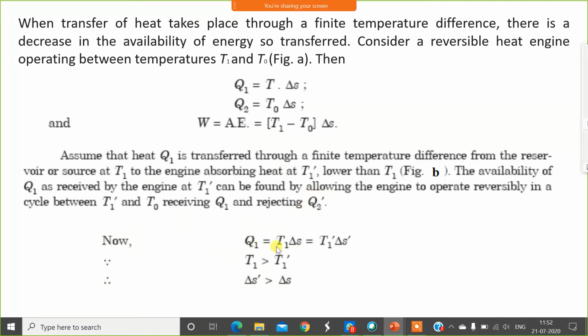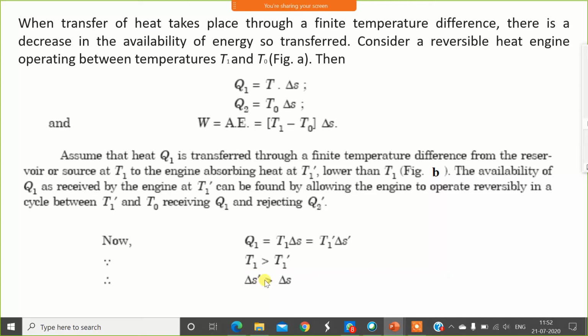Now Q1 is equal to the product of T1 and delta S for the first case and T1 dash into delta S dash for the second case. In both cases heat transfer is the same. Therefore T1 into delta S is equal to T1 dash into delta S dash. But T1 is greater than T1 dash.